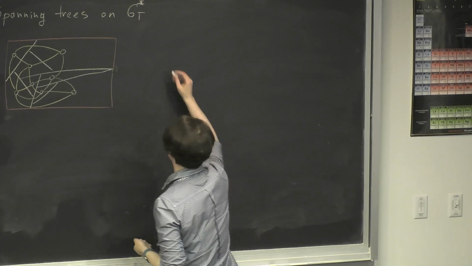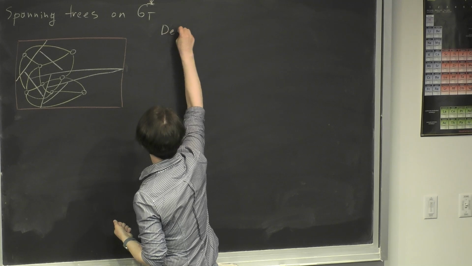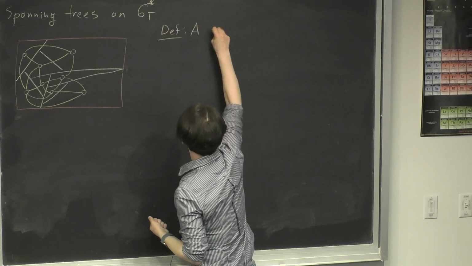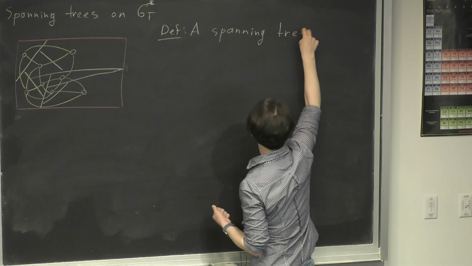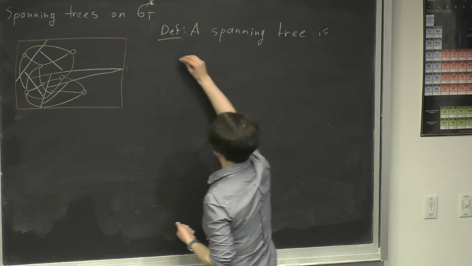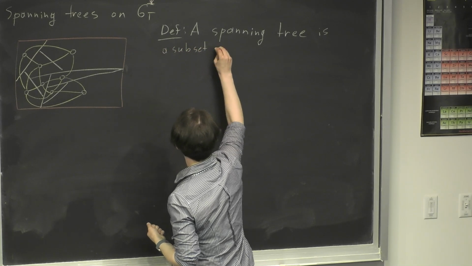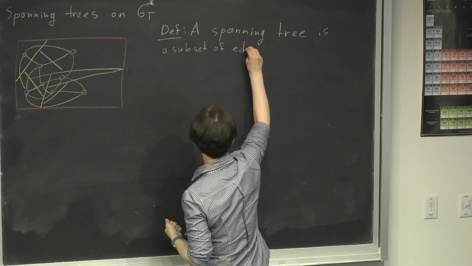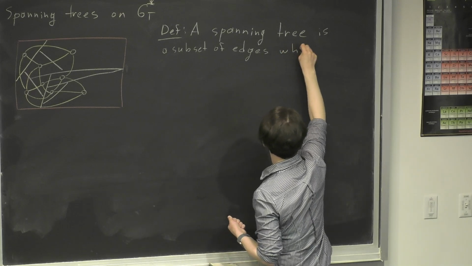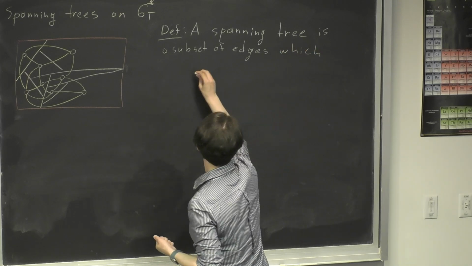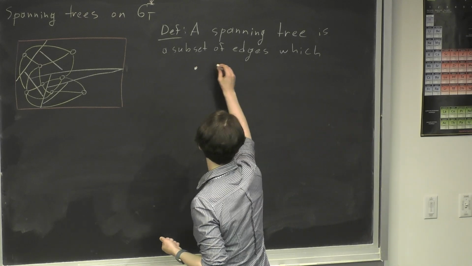So first of all, what is a spanning tree? Just a reminder, a spanning tree is a subset of edges which form, first of all, a connected graph.